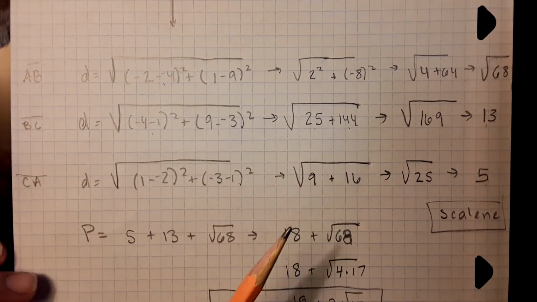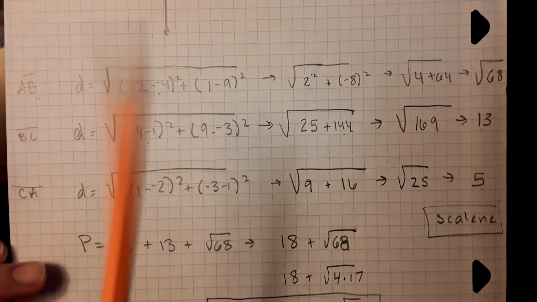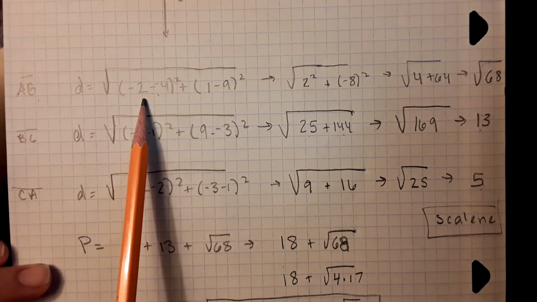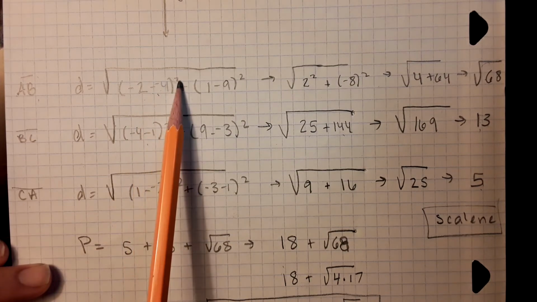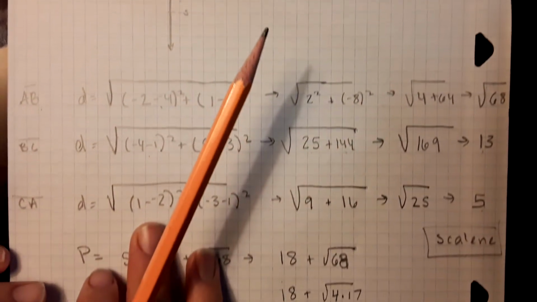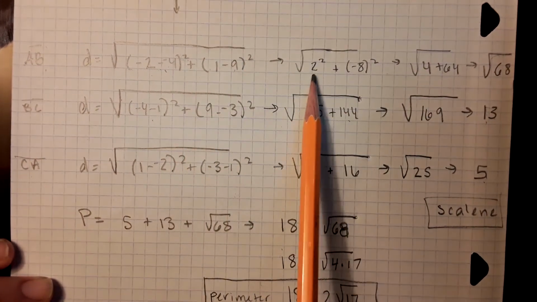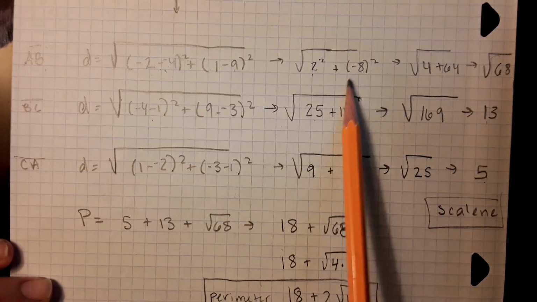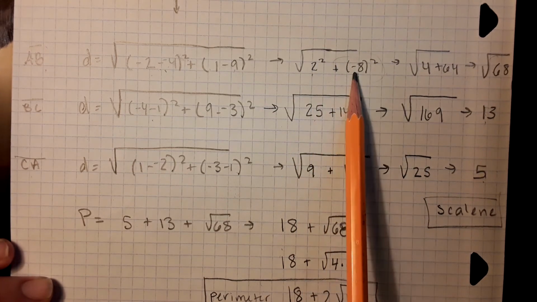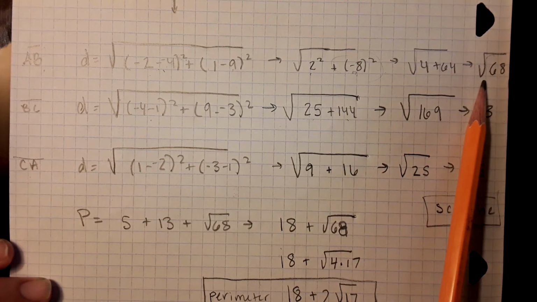Here's the work. The distance from A to B, -2 minus -4 squared, 1 minus 9 squared, 2 squared. Be really careful about squaring your negatives. Negative 8 squared leads you to the square root of 68.